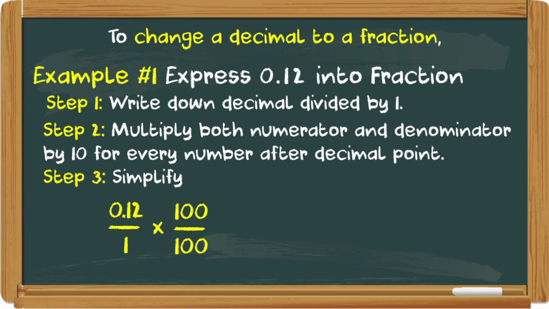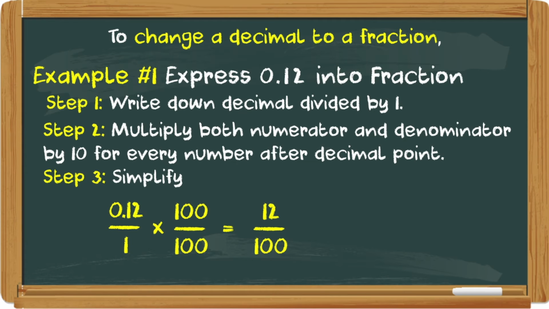Step 3, simplify. So we have 0.12 times 100, we'll have 12. And 1 times 100 will have 100, giving us 12 over 100. And we can still simplify 12 over 100 by getting its lowest term.